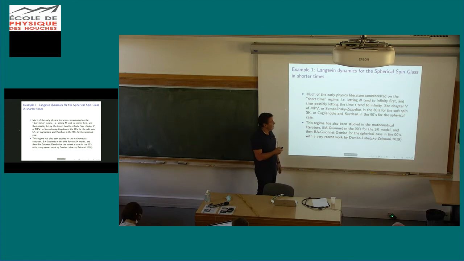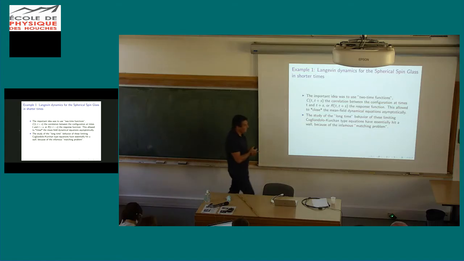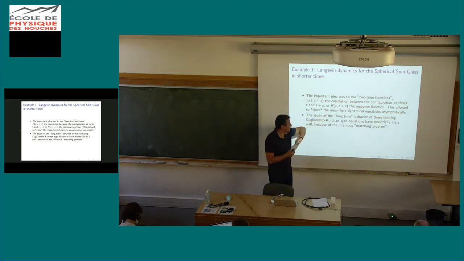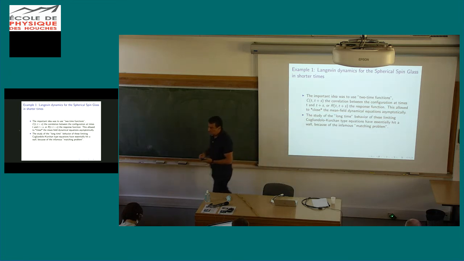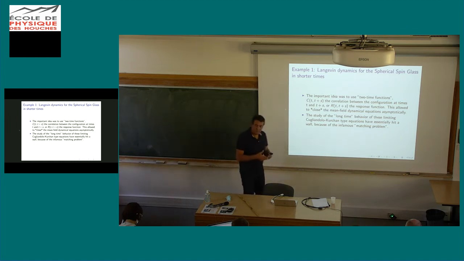So in this short time regime, the religion that you learn from physics, and that we tried to adapt then, was that the important thing is to study two-time functions: the correlation between the state of your system at time t and at time t plus s. This has a thermodynamic limit, and so does the response function associated to that. And you can close the equation using this. That is, you have a limiting nonlinear pair of equations between C and R, integral differential equations, pretty painful.